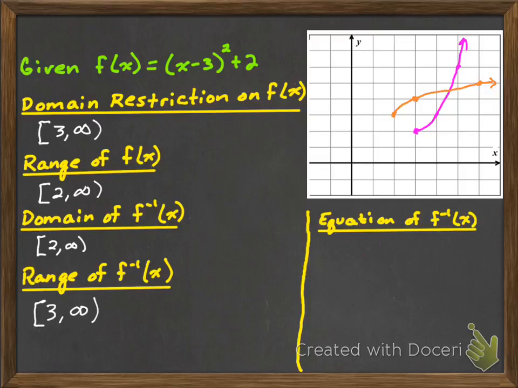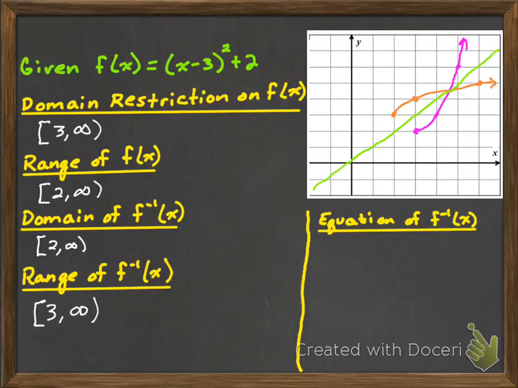Once again, the domain has become the range, and the range has become the domain because of switching x and y. And you can see that this is a reflection over the line y equals x.